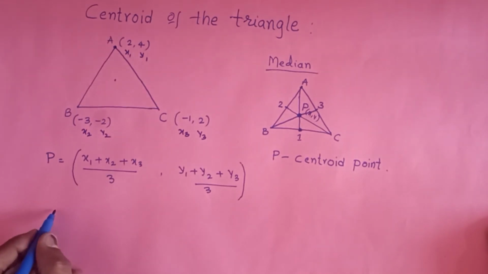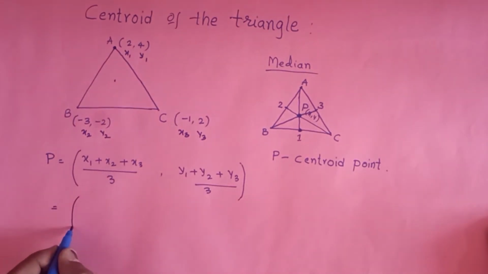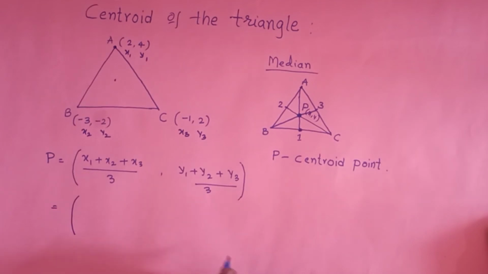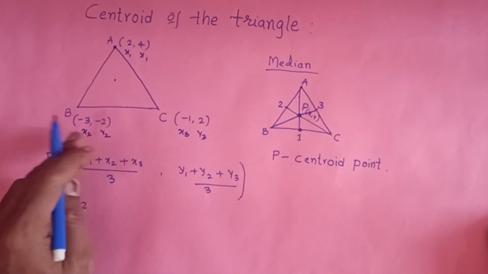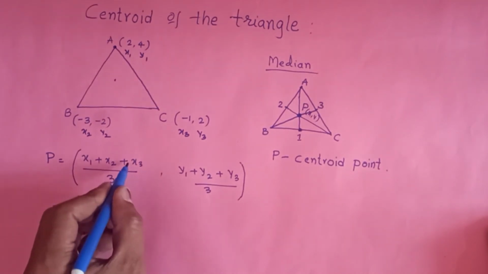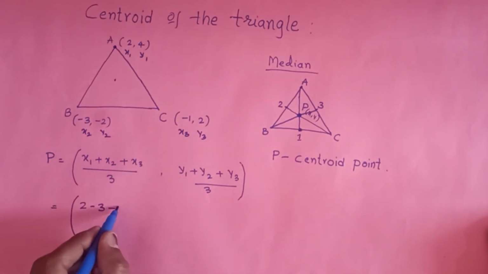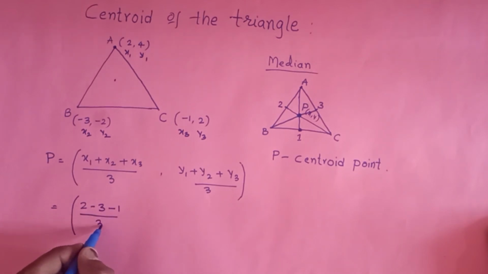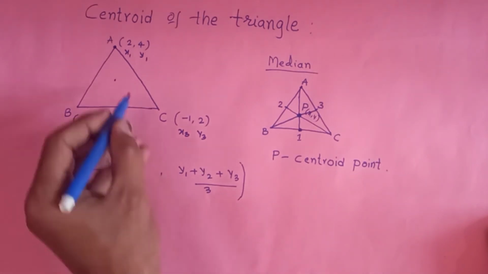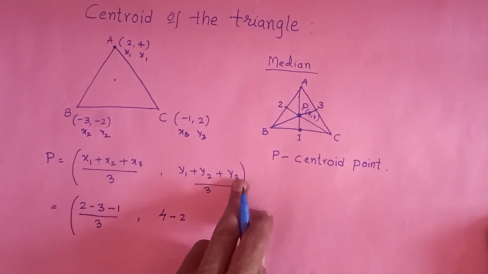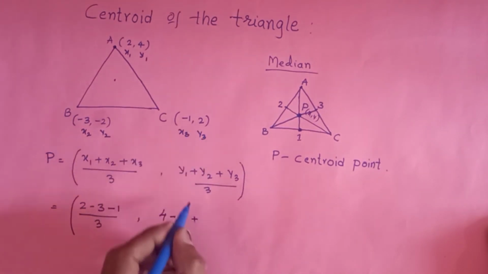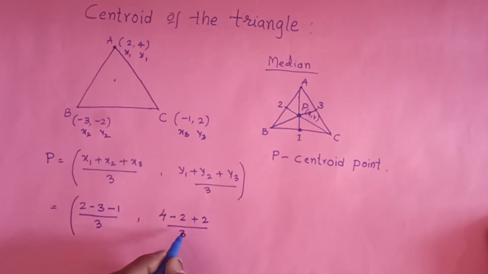Right? So after that we will substitute x1, x2, x3, where x1 is 2 and x2 is -3 plus x3 that is -1, divided by 3. Again y1 is 4, y2 is -2 and y3 is +2, divided by 3.